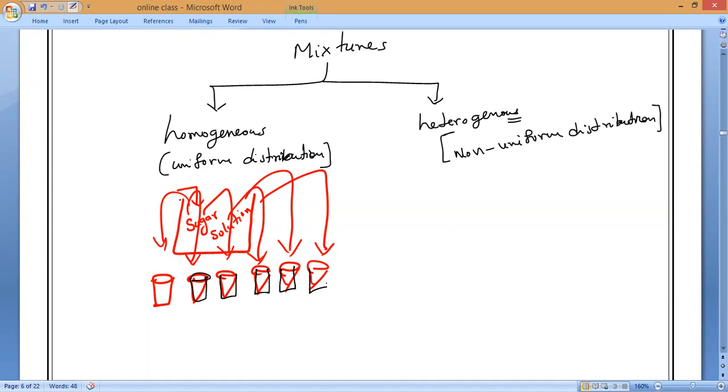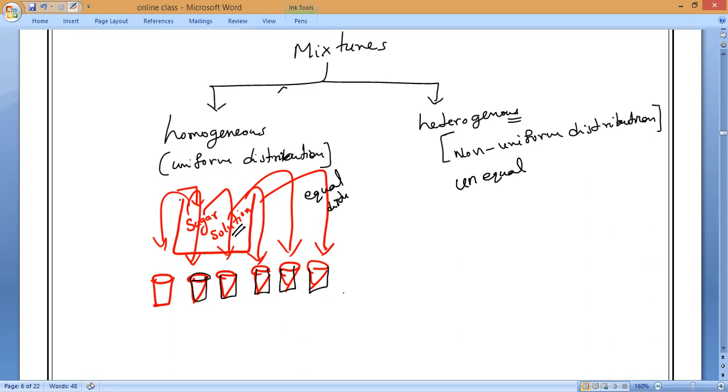Same taste. Yes, same taste. I dissolved the sugar in water, so that sugar is equally distributed or unequally distributed? Equally distributed. This is equal distribution.